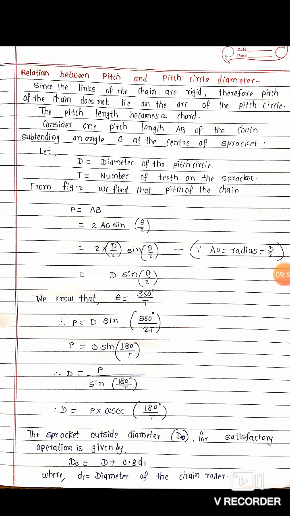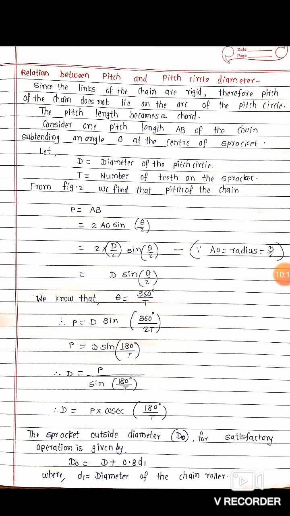Therefore P is equal to D into sine of (360 degrees divided by 2 times T). If we calculate this, then P is equal to D into sine of 180 degrees divided by T.